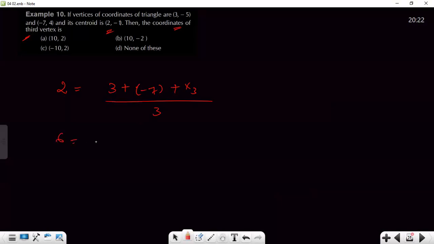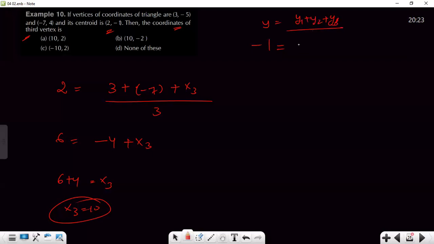2 into 3 is 6. 3 minus 7 becomes minus 4 plus x3. 6 plus 4 is equal to x3. This becomes 10. Now for the y, y1 plus y2 plus y3 divided by 3.